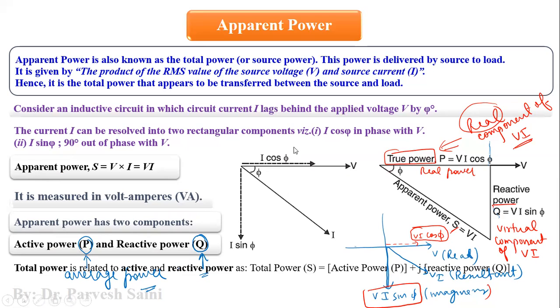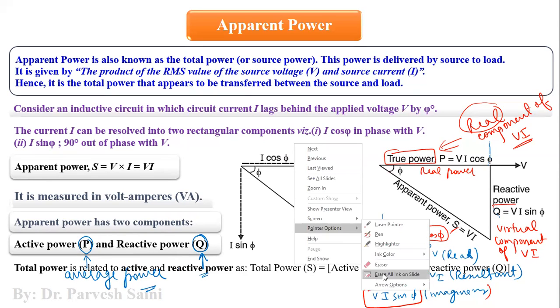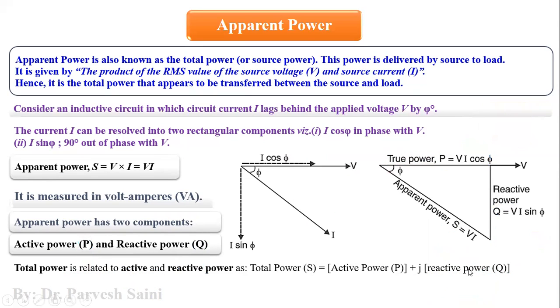Okay, so before proceeding to the next slide, let us take this one also. If we come back to that axis concept here, this is the real axis, this is the imaginary axis. Now, this is VI sin phi, which is the reactive component, and this is your V, and this is your V into I, and then we have VI cos phi, which is the real component.